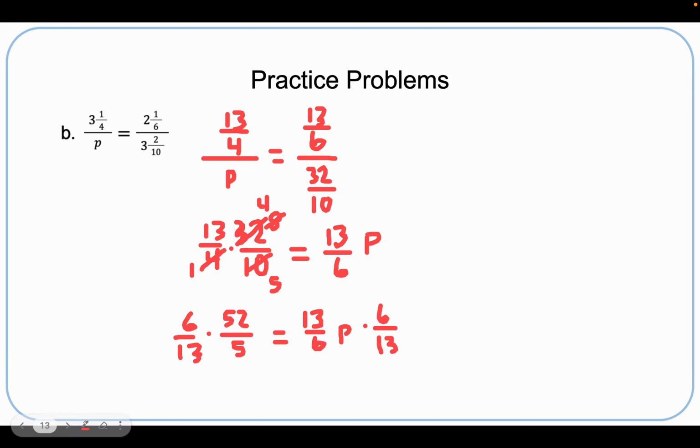Okay, and then we can do some cancellation here between the 13 and the 52. We're left with 6 times 4. I'll write it up over here. We got 24 over 5 equals p. So there we go.